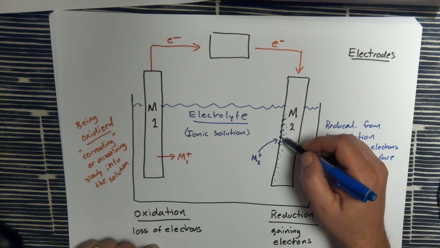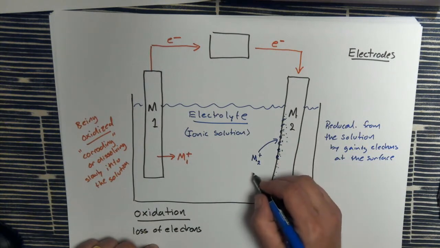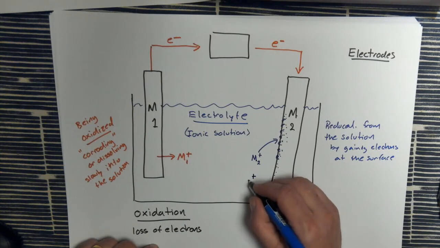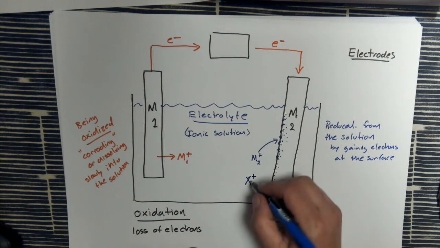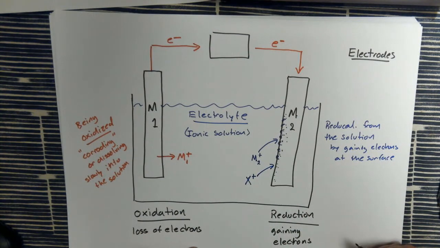Because the electrons are being deposited on this electrode, you could be attracting any positive ion. So this positive ion, whatever it is, let's call it material X. It could easily just as much be X that's being reduced.